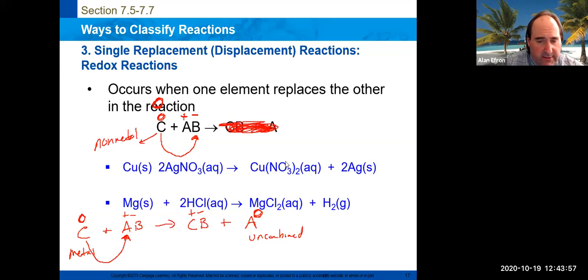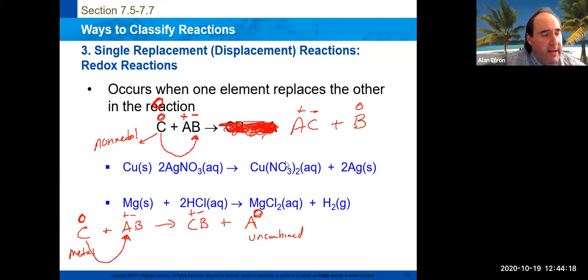And the new compound is going to be the A that's positive, and our C will now become negative, and then our non-metal guy will come out with no oxidation state. So again, you'll form a new ionic compound and a non-metal with a 0 oxidation state.